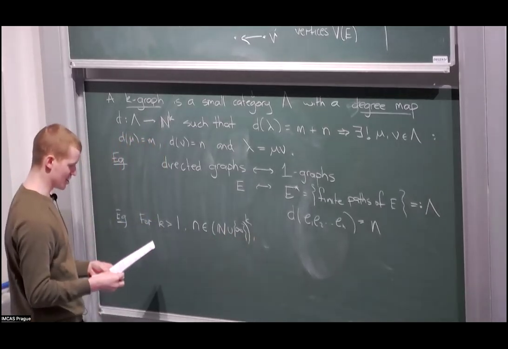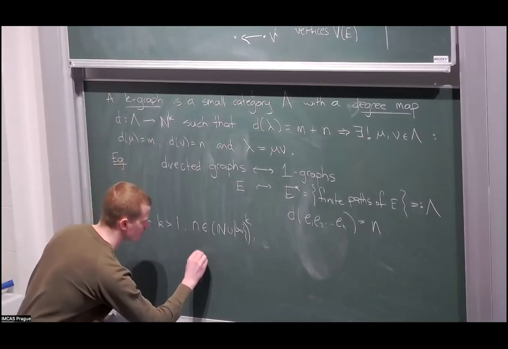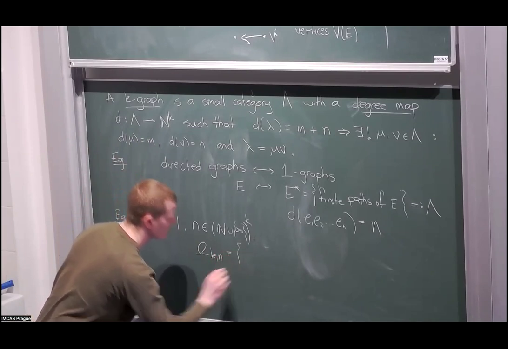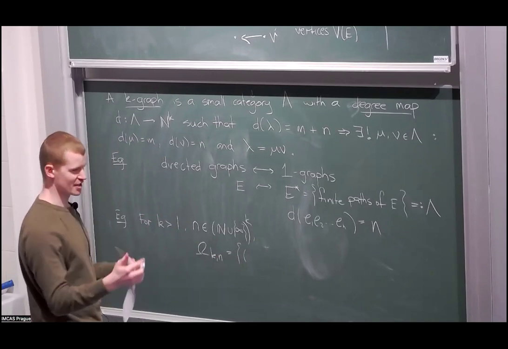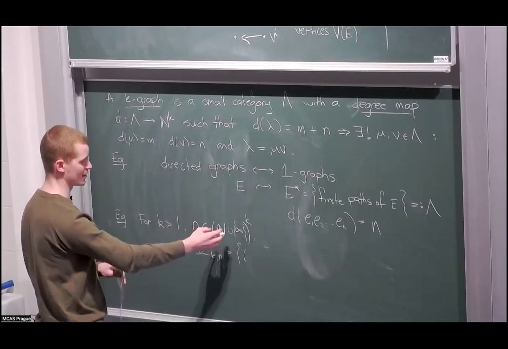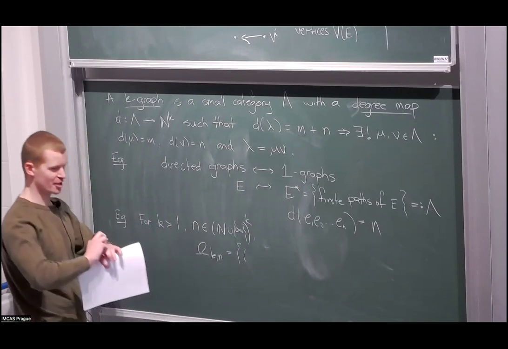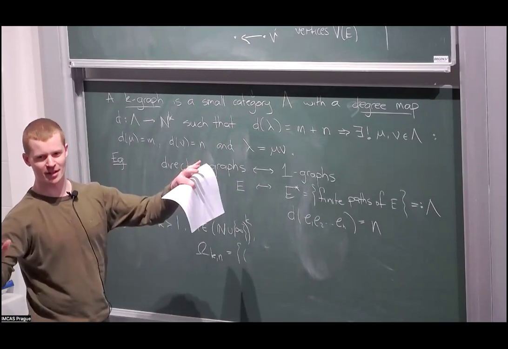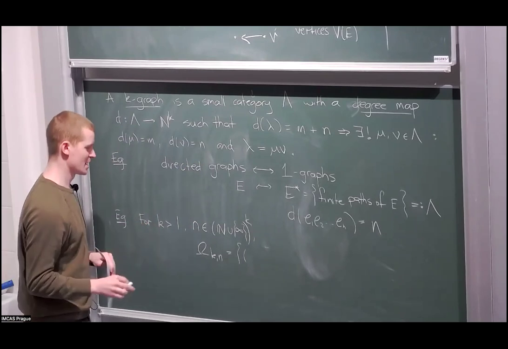And to each k and n as such, we can define omega k n to be the pairs that witness when one of these k-tuples of natural numbers is bigger than the other. So I'm just looking at a grid in k dimensions of k-tuples of natural numbers.